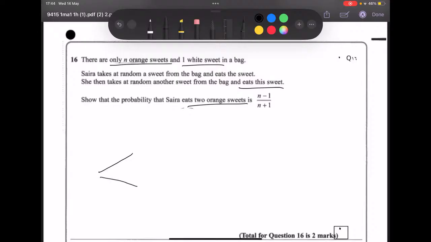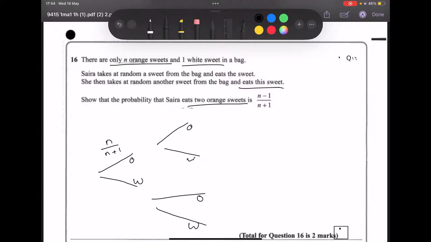As it is a probability question, the first thing we really want to do is draw a diagram out. Orange, white, orange, white, orange and white. Now the probability that she takes orange is n over n plus 1.